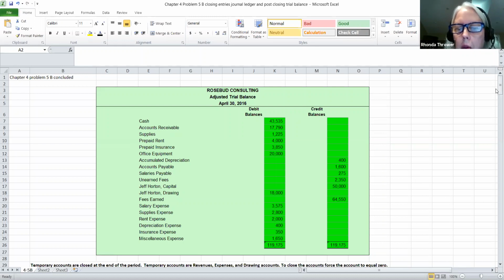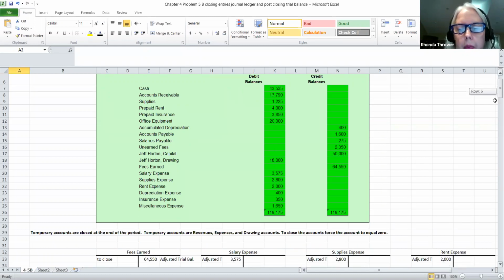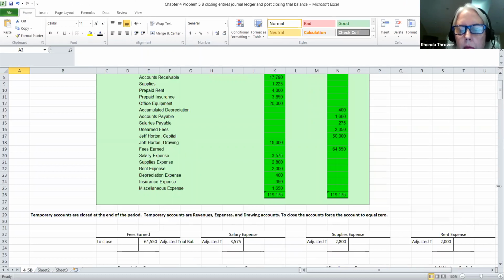The revenue, expense, and drawing accounts are what we call temporary accounts, and I've defined that for you here. We're going to take those accounts and create closing entries from them.